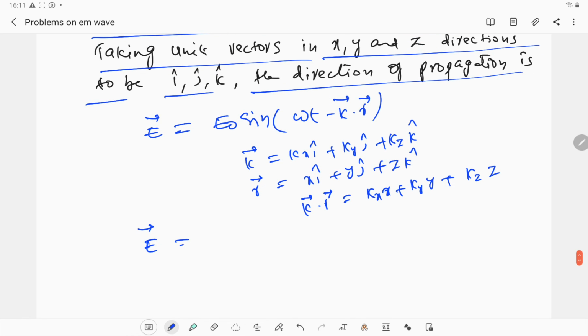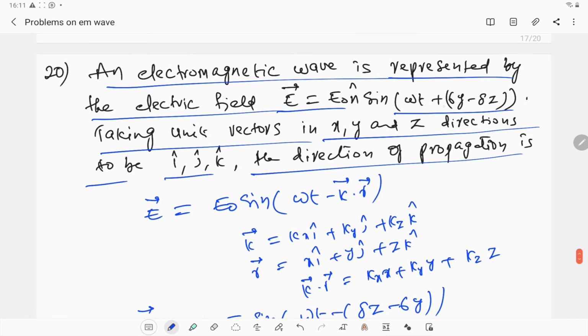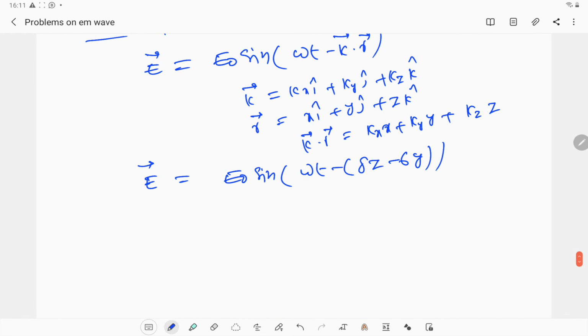But here E bar is given as E naught sine omega t minus 8z minus 6y. See here, taking minus common, this becomes 8z minus 6y.